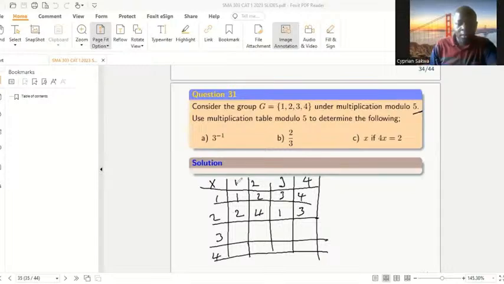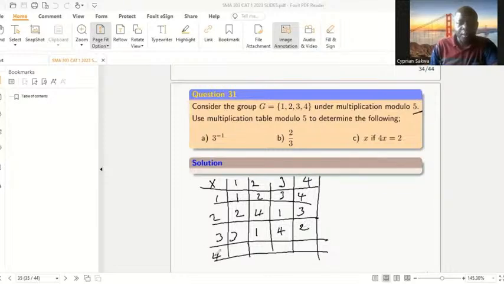Now let's multiply 3 by each of these. 3 by 1 will be 3. 3 by 2 will be 1. 3 by 3 is 9 mod 5, which is 4. And 3 by 4 is 12 mod 5, which will be 2.